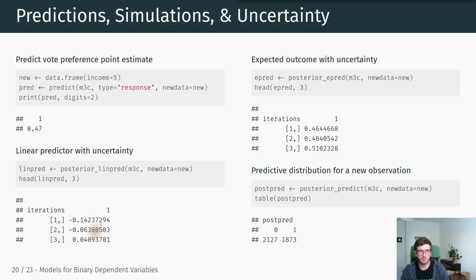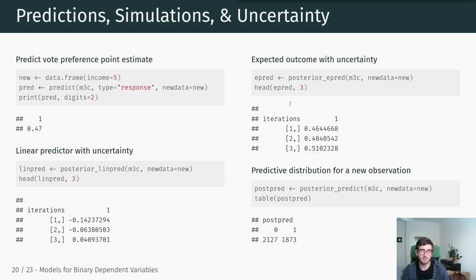If we want to get our resulting probability, we have to either directly plug this into our link function, or we can directly use posterior_epred, which then gives us the expected outcome. And the expected outcome, of course, is equal to the underlying probability of observing a success, right? So 0.46, 0.48, 0.51, and so on.